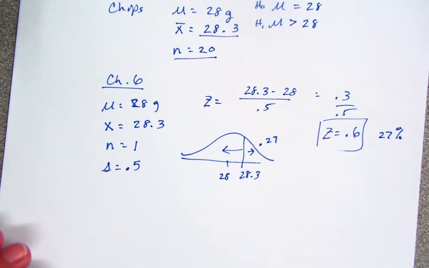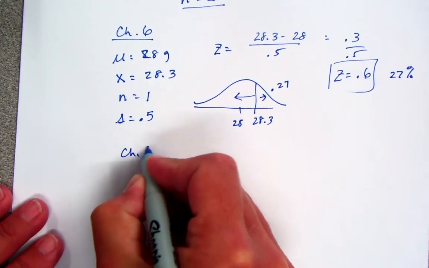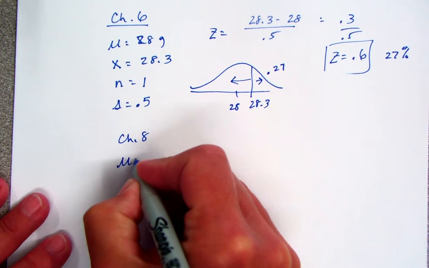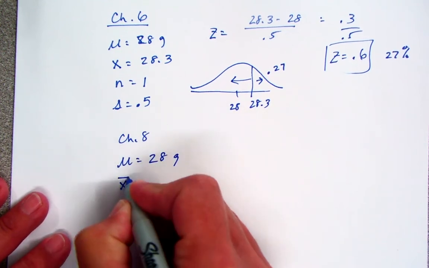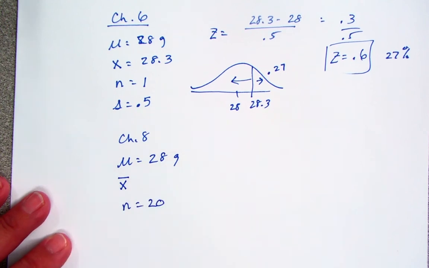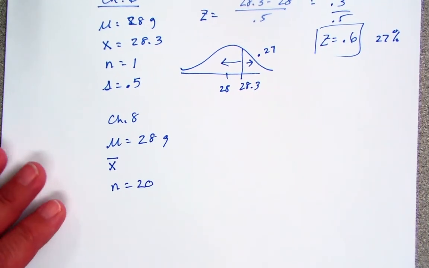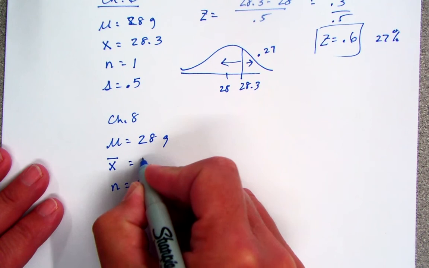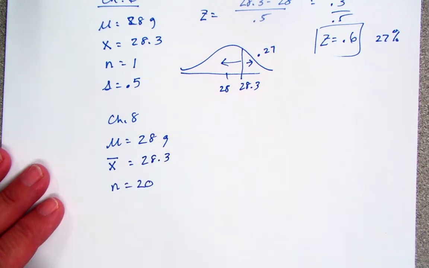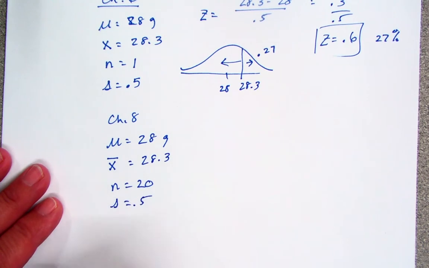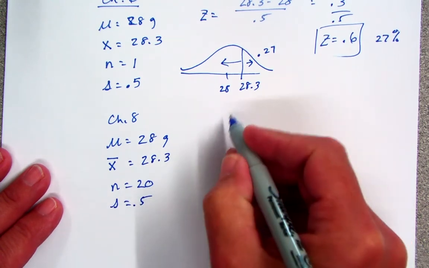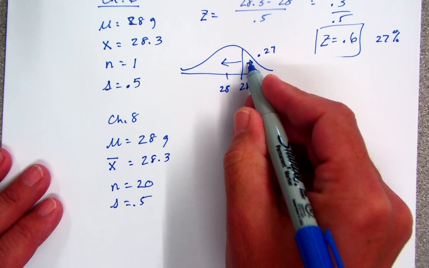Notice that word significant. In Chapter 8, essentially what you're doing is, again, saying the manufacturer says they should weigh 28 grams. I took a sample of 20 bags, much more evidence than a single bag, and they all together weighed 28.3. So I'm using the same standard deviation. Again, I'm looking at where I'm landing on this curve.